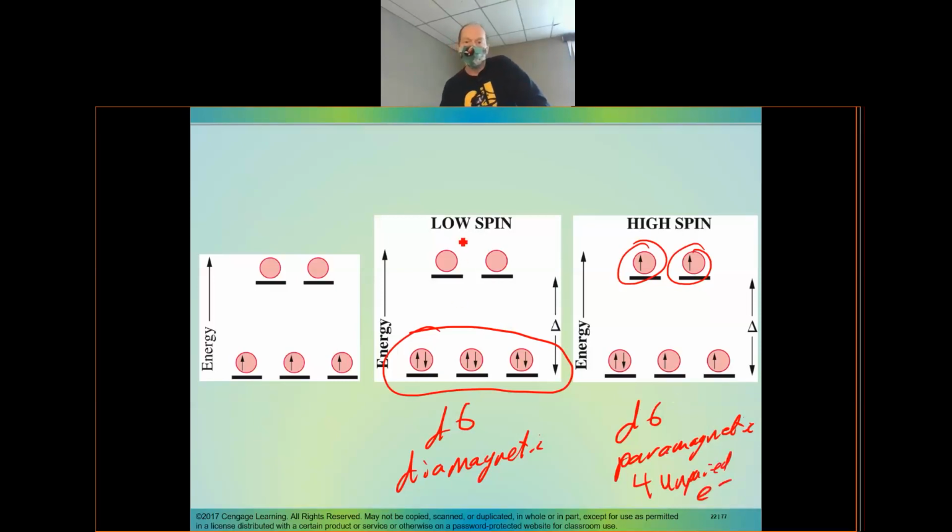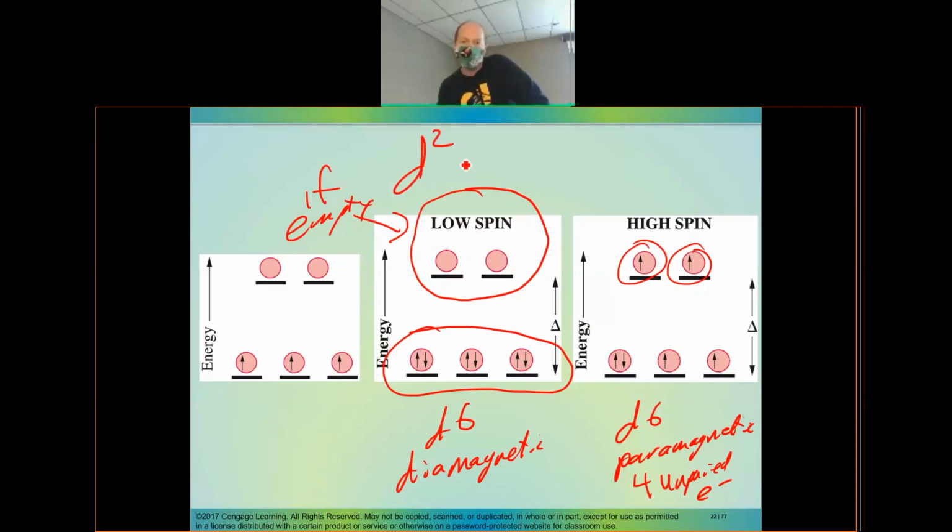All right, and so if you have 2 empty d orbitals up here, these have to be completely empty. If empty, then your hybrid orbital is going to be a D2 sp3, because it's going to take these 2 d orbitals and then go to the s and then go to the p3 for your hybridizations.